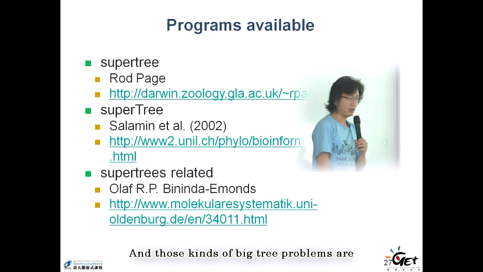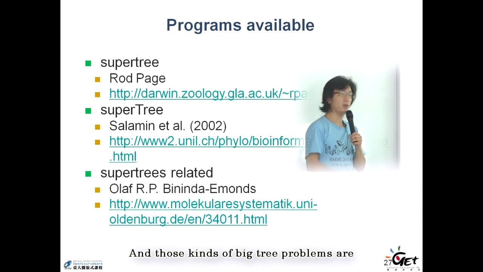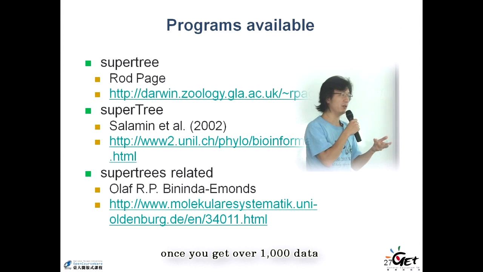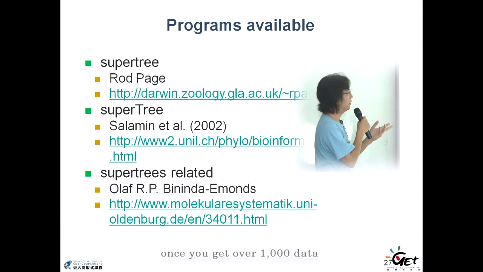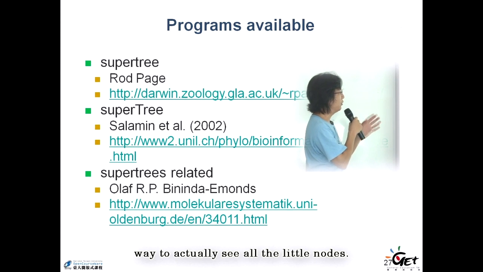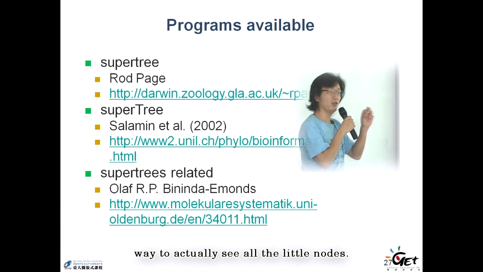And those big tree problems are problematic not only to calculate but also to visualize. Once you get to over 1,000 or 10,000 taxa, it is very difficult to actually see all the little nodes.